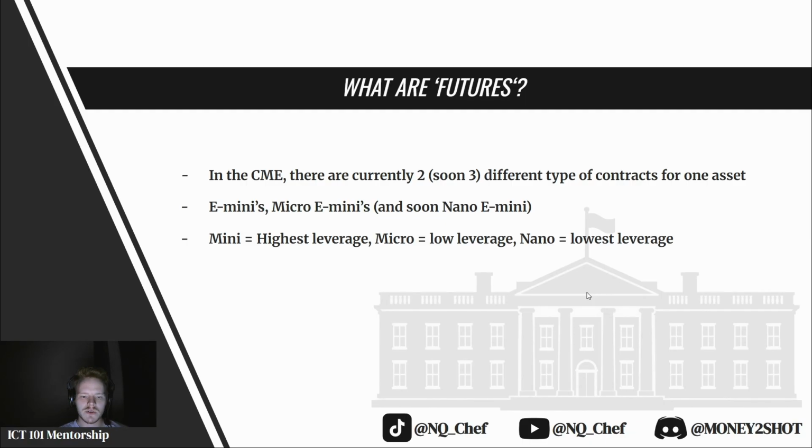The E-minis are the highest leverage, the micros are the lowest leverage, and soon the nanos, I think in a week or a few weeks, are going to be the lowest leverage. They're actually going to be under leveraged. And I'm going to show you how that actually works with Nasdaq 100 on TradingView.